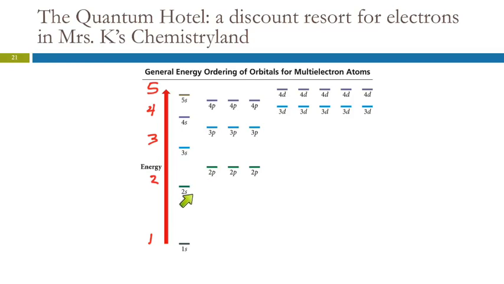Now, the reason that the 2p here is shown a little higher is because that room costs more money to stay in, right? This is a discount resort, and so the electrons coming in here are trying to save money, and that's their primary concern. So as electrons come to stay in this hotel, the first one's going to stay in the cheapest room, which is that 1s room, and he's going to sleep right side up in the bed.